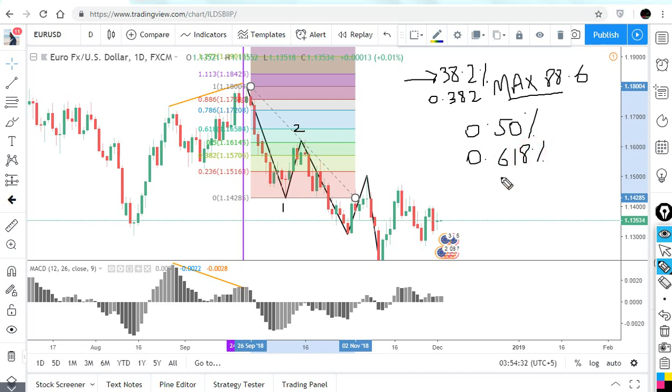And when you see the 0.786 number, that is 78.6, it's very likely that the next wave will be bigger than or maybe equal to wave 1, right?